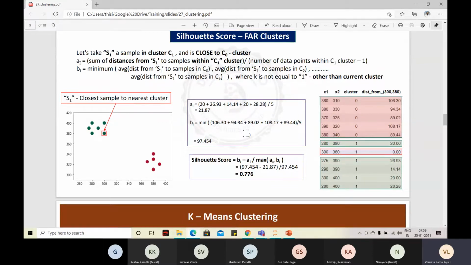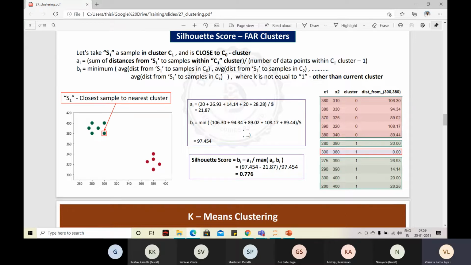In this formula we have Bi and Ai. So what is Ai? The sum of distances from S1 to samples within the C1 cluster, divided by the number of data points within the C1 cluster minus 1. Number of data points: 1, 2, 3, 4, 5, 6.